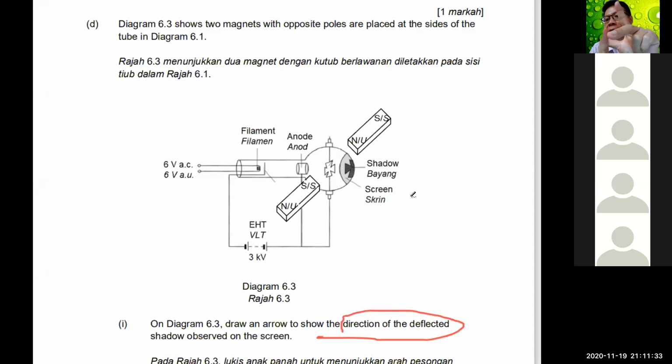Second finger shows the direction of current. And last, your thumb shows the direction of the force. The force is the one that pushes the thing to move. So I say it again: first finger is magnet north to south, second finger is current, third is force. So you see where your thumb is.